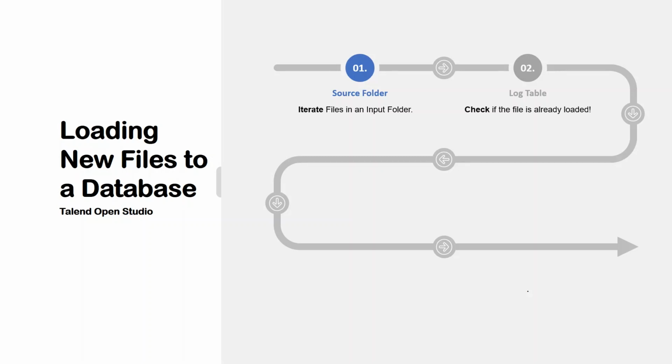And for that iteration, we load the contents of the file to a database, and this will be happening for each iteration. If you have 5 files, we iterate 5 times and then load the contents of the files to the database.